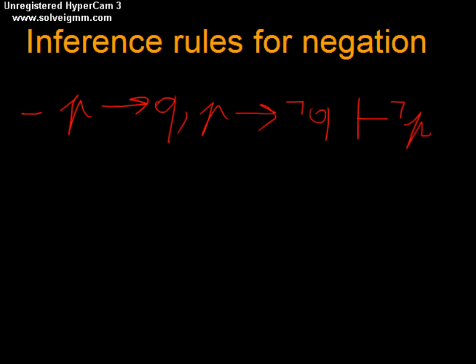The second inference rule is the elimination of negation. So if not P is true, then we can always infer P implies Q, where Q is an arbitrary statement. So this means that from a false statement, you can always infer anything you want.